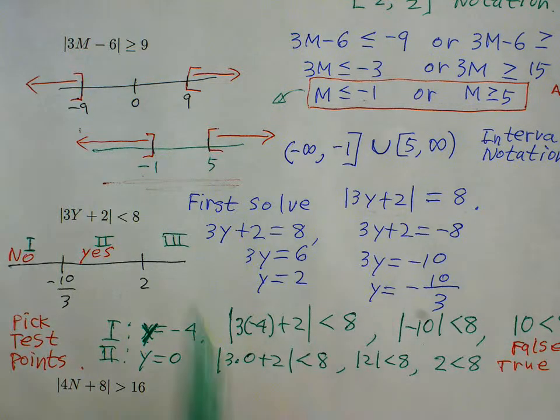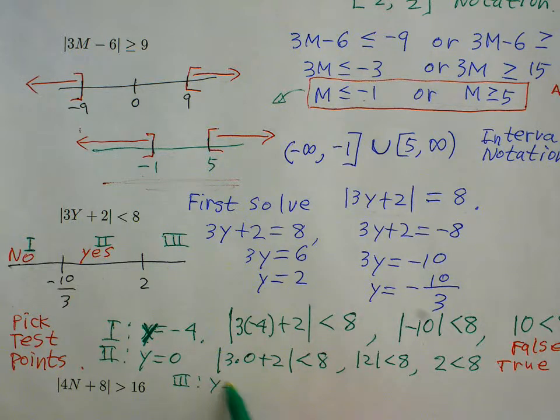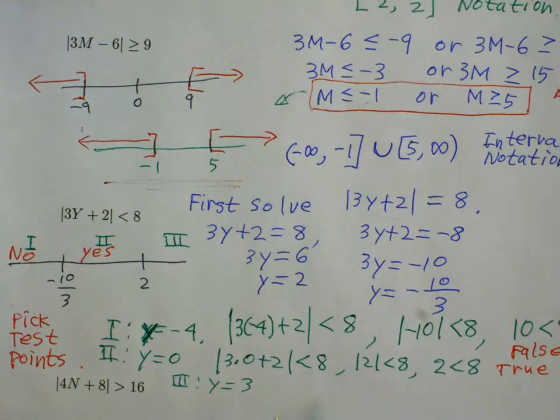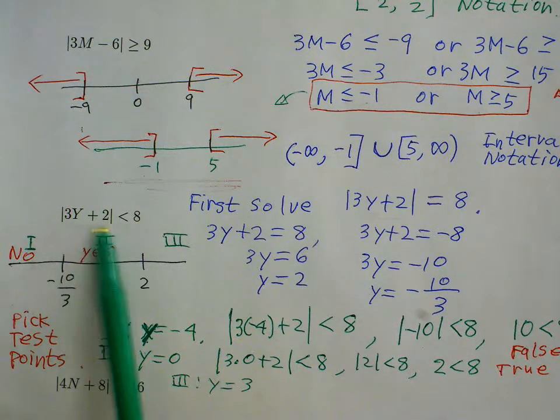Okay, we can do the third interval really quick. If I pick y to be 3, that's greater than 2. And let's do this in our head. If we replace y with 3 inside the absolute value, 3 times 3 is 9, 9 plus 2 is 11.